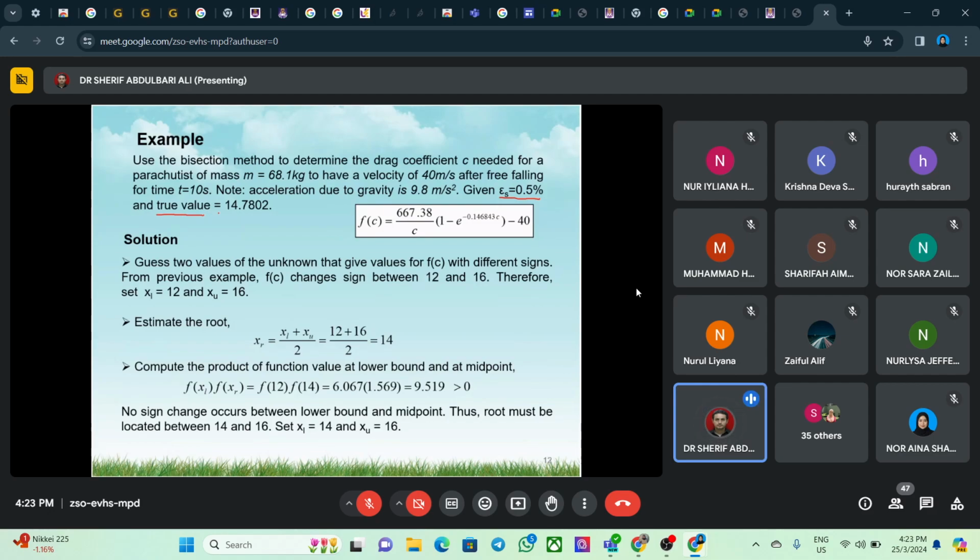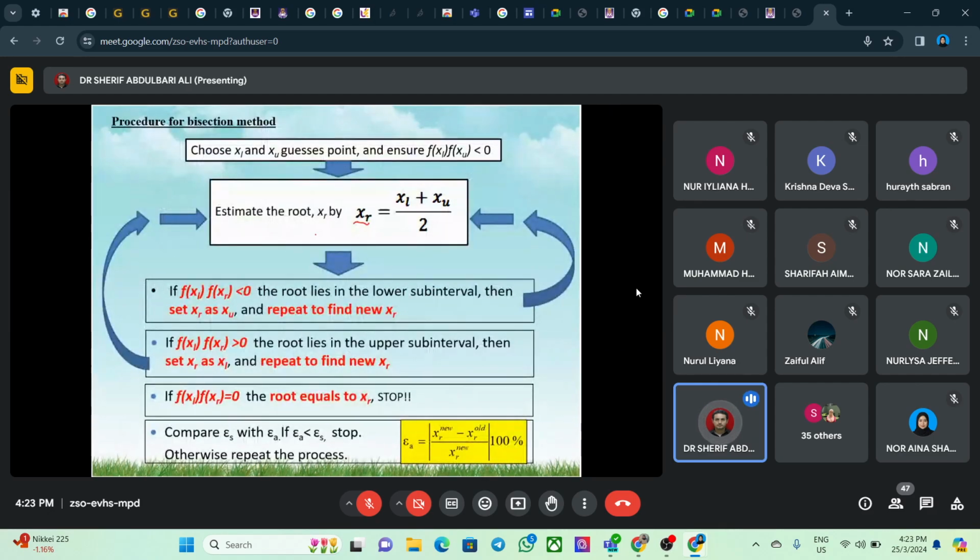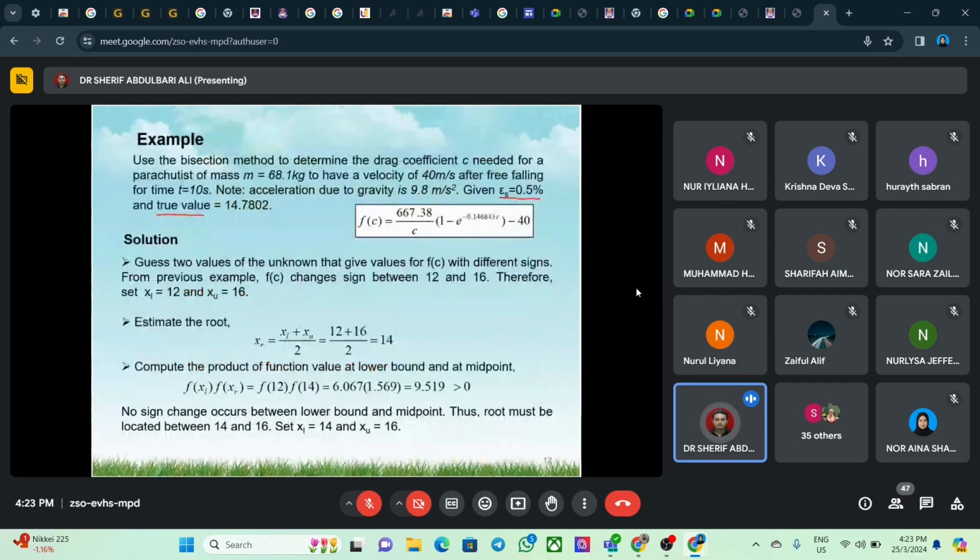Since the true value is given, that means I can calculate the true relative error. In this procedure, you are calculating the approximate error, so you have the XR new minus XR old. But since the question is giving you the true value, you can calculate the relative error, which means the true value minus the result over the true value. So here you can actually calculate two types of error: the relative error and the approximate error.